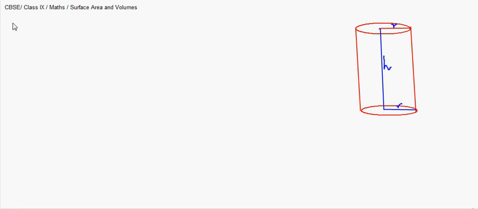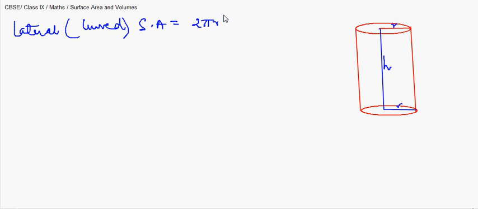The lateral surface area or the curved surface area, we can come across that term as well. I'll just write it. Curved surface area is given by 2 pi RH. That will be given in square unit obviously.